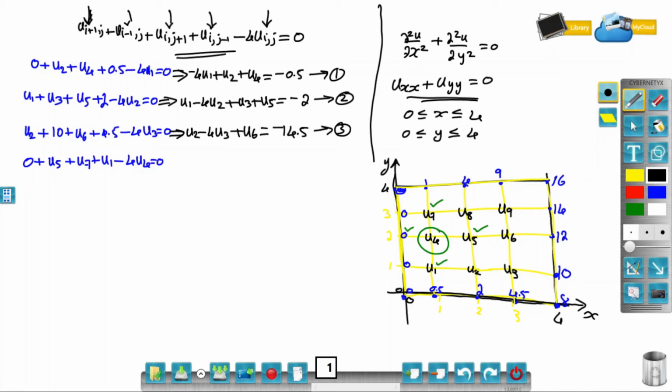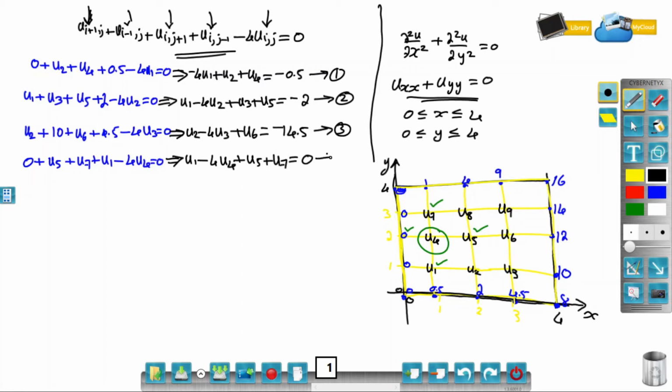Is it okay? So if you are rearranging this equation, we have U1 minus 4U4 plus U5 plus U7 equal to 0.